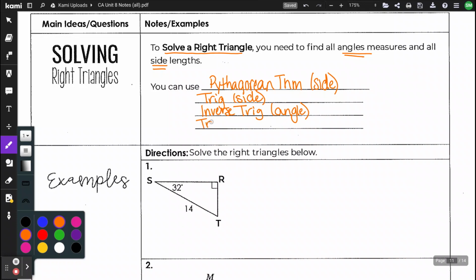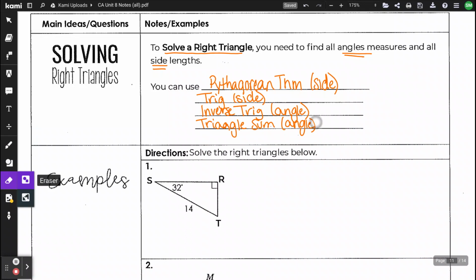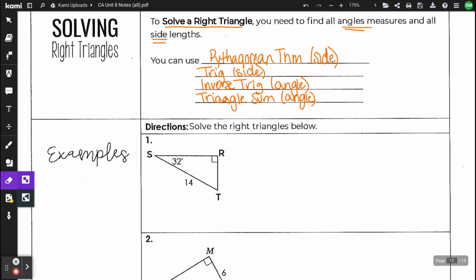And we can use triangle sum. That's saying that all three angles in a triangle add up to 180. And that will also give us an angle. Okay, so we have this little almost like toolbox of skills that we can use to help us out. Again, we're finding all the angles and all the sides. That's the goal here.